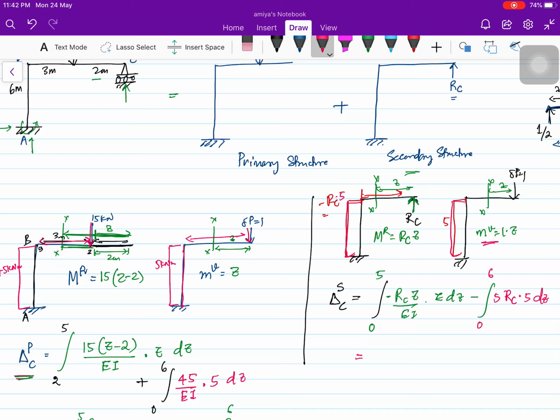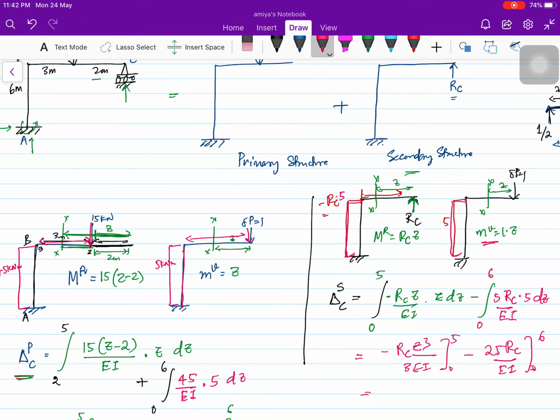So calculating this is by EI. Okay, so minus RC z square, so Z cube by 3, EI I'll put 0 to 5, minus 5 5 is 25, RC by EI 0 to 6.